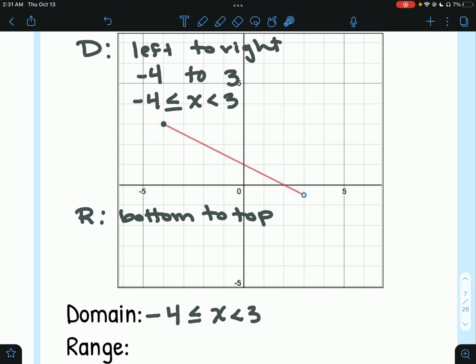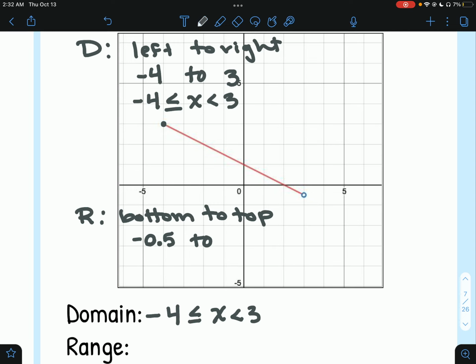I want you to notice though that this value isn't at -1 and it's not 0. It's in between. So we would estimate that. I would probably say it's about -0.5. Next, we're going to take our pin and put it on our highest point. Our value of y right here is 3.